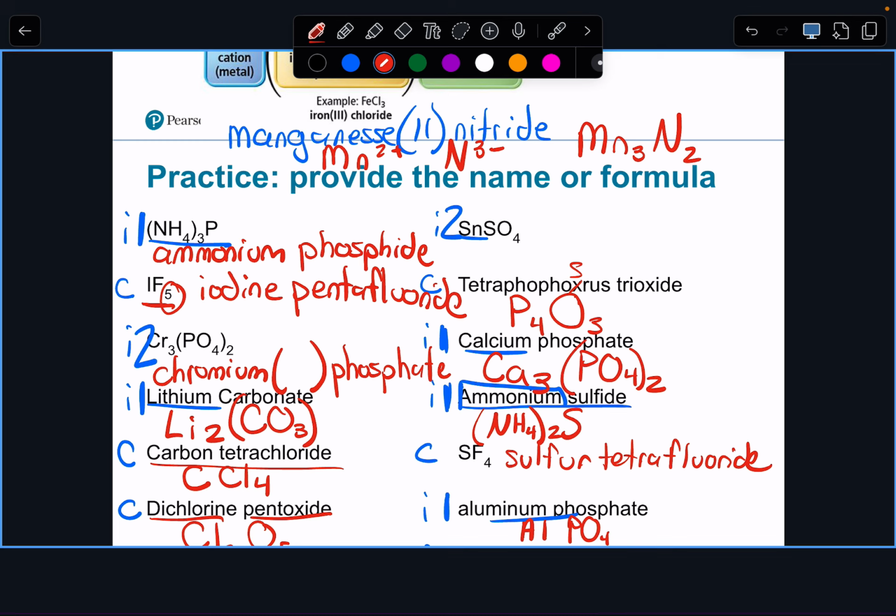So I do the reverse the charge thing. So I take these numbers and I crisscross them back up here. So the phosphate becomes a 3-, and the first thing I want to do is double check, does that match? Like, is phosphate supposed to be a 3-? I check my sheet.